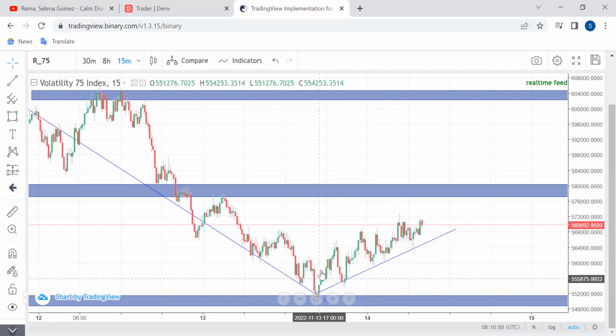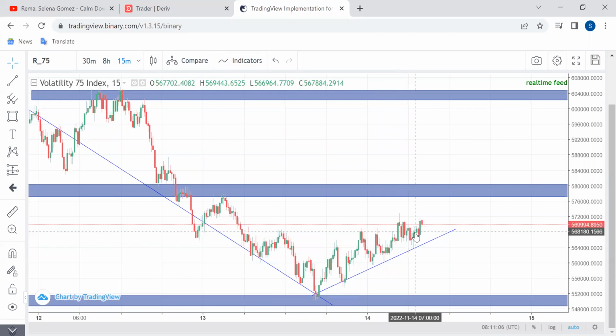As you can see, it moves up, goes down, moves up, goes down, comes back up again, goes down, comes back up again, now goes down. What I would want to do here, if I'm not sure, I do what is called a pending order. I hope you all know what pending orders are. That is the buy stop, sell stop, buy limit, and sell limit.